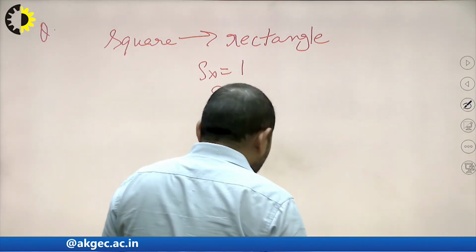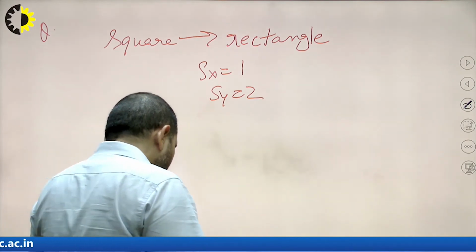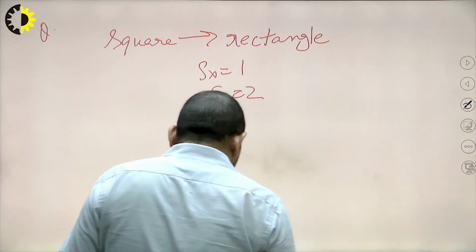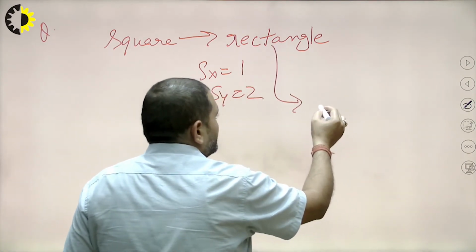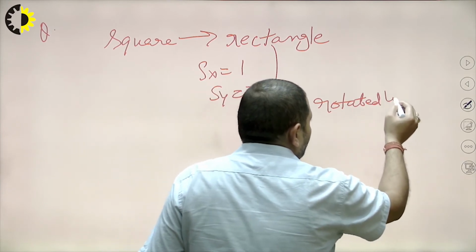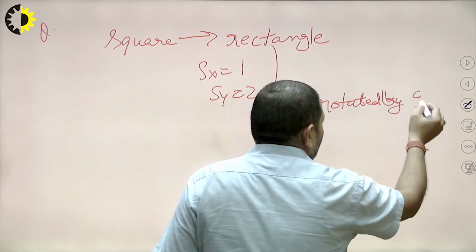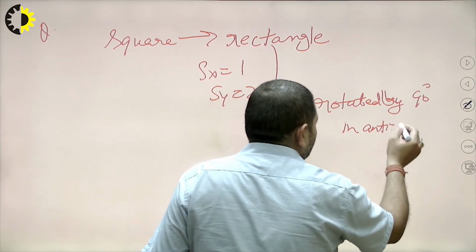So with this scaling factor, a square is to be changed into a rectangle, and after getting a rectangle, we have to rotate it. This rectangle is then rotated by 90 degrees in anti-clockwise direction.